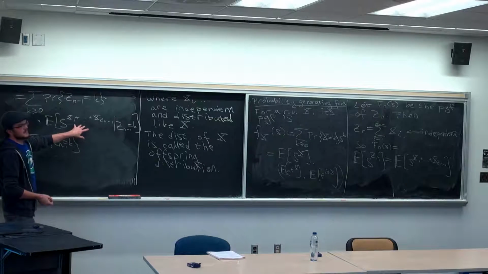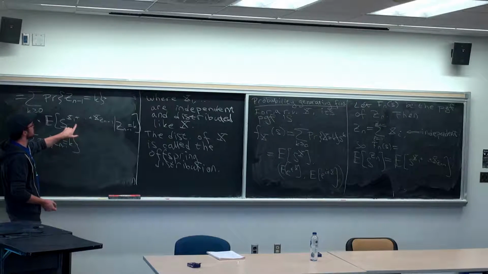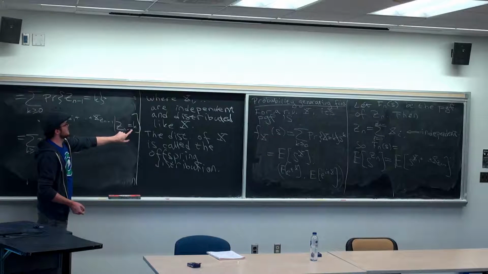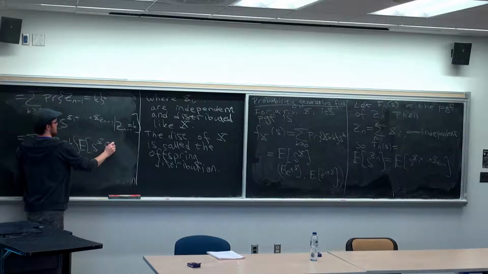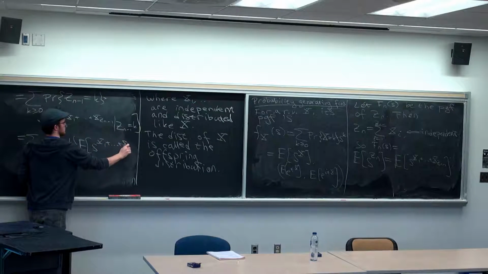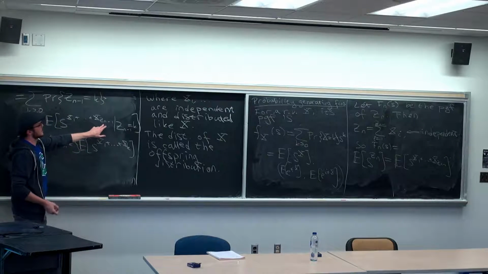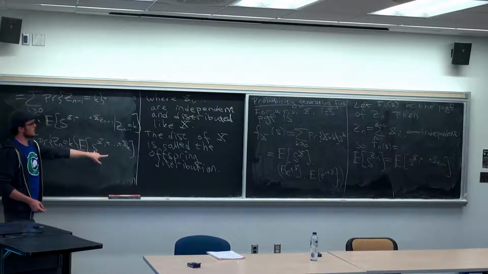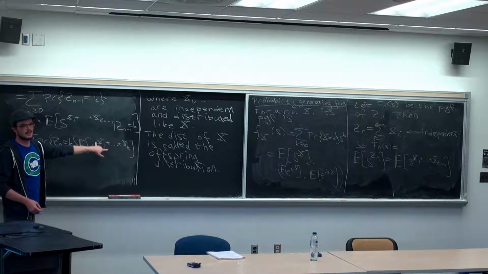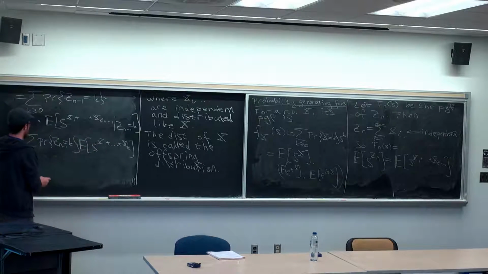So this expression here, this conditional expectation, if we condition on Z_{n-1} being equal to k, we can just replace that Z_{n-1} by k. And now this is a product of a fixed number of independent random variables. We can break it up.